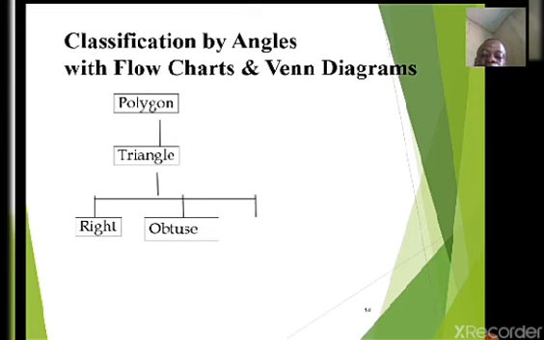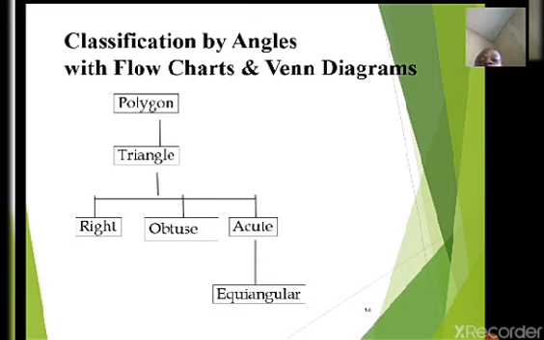Then we also have obtuse, one and only one angle greater than 90 degrees but less than 180 degrees. And then we have acute triangle, whereby none of the three angles is up to 90 degrees. Then we also have equiangular, in which all three angles are of the same measurement, that is 60 degrees.